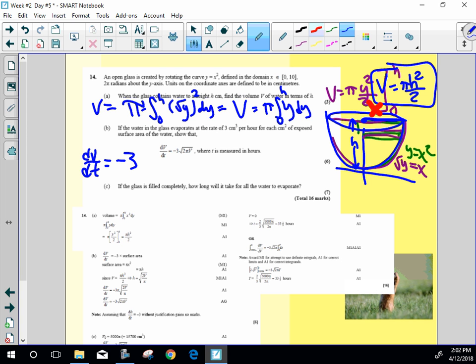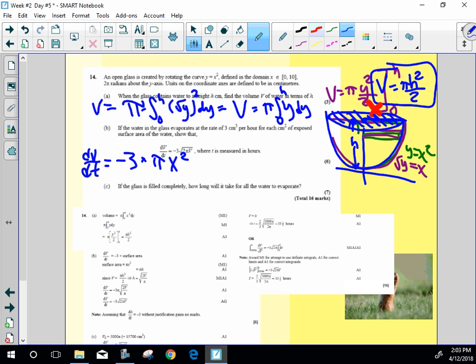And then you need to somehow describe the surface area. Well, won't that be pi x squared? That's the surface area. And what was x again equal to? Square root of y, right?